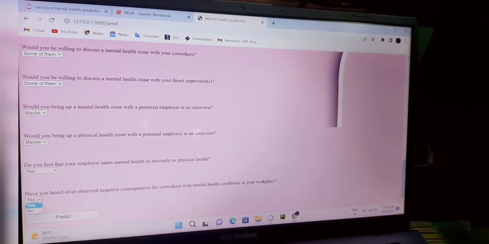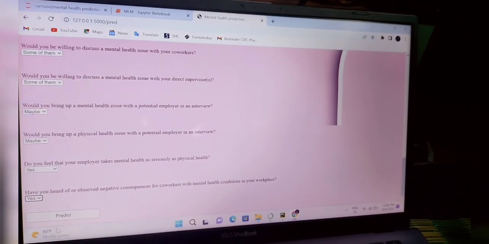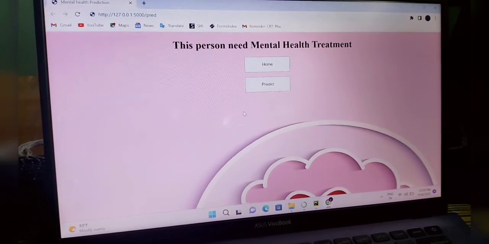After providing the inputs, press the predict button and then the output will be shown.